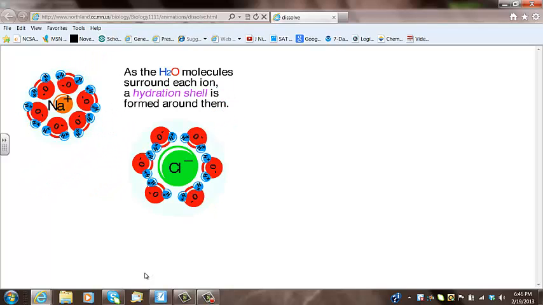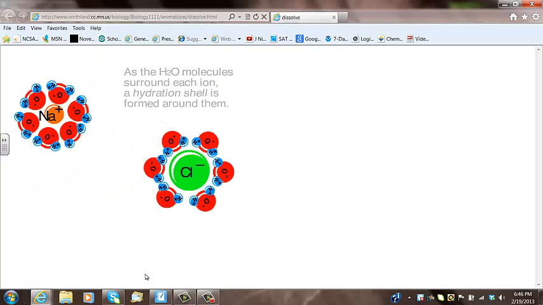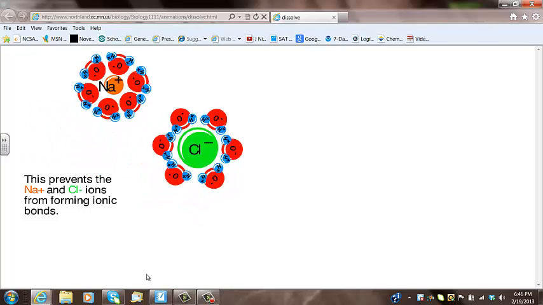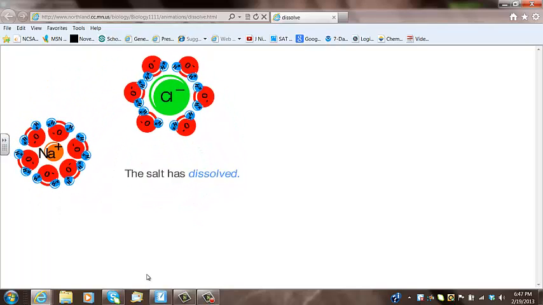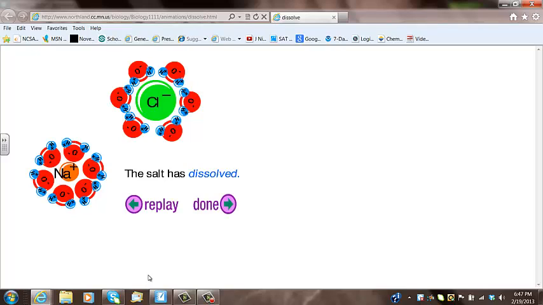As the water molecules surround each ion, a hydration shell is formed around them. This prevents the Na plus and Cl minus ions from forming ionic bonds again, and the salt has dissolved.